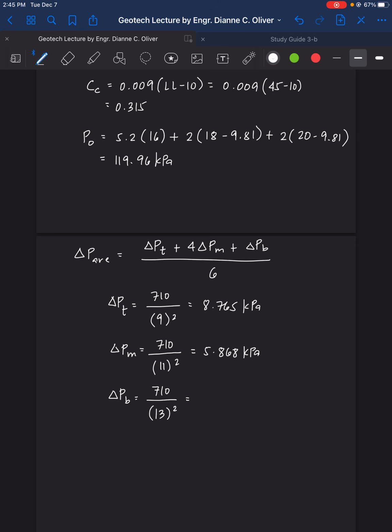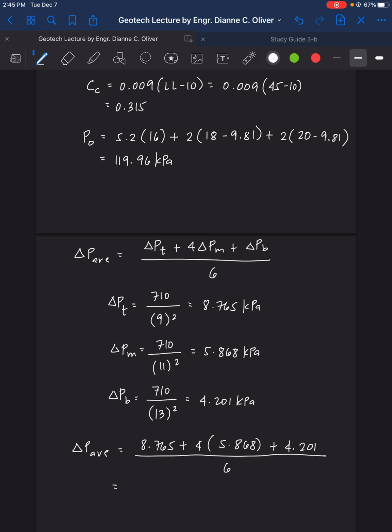The bottom is 4.201 kilopascal. Therefore, delta P average is equal to 8.765 plus 4 times 5.868 plus 4.201, divided by 6.